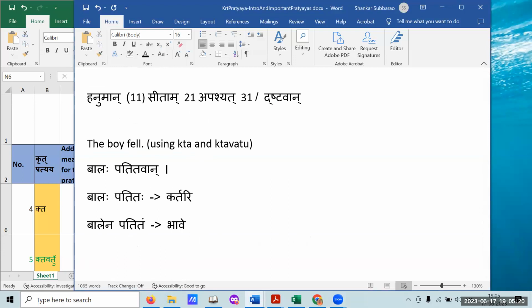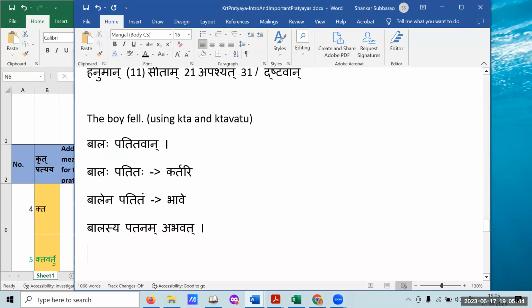What was said is Balasya Patanam Abhavat, correct? That's what he said. What does this mean now? The falling of the boy happened, transpired. That's how you have translated.